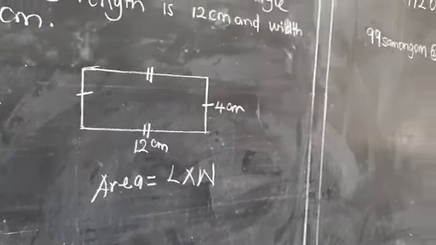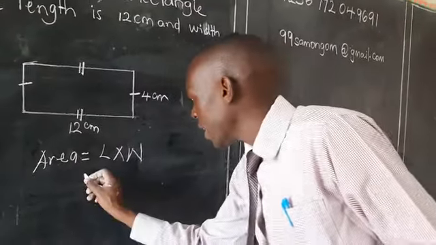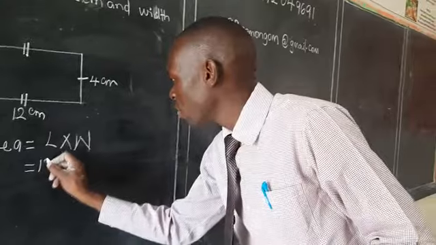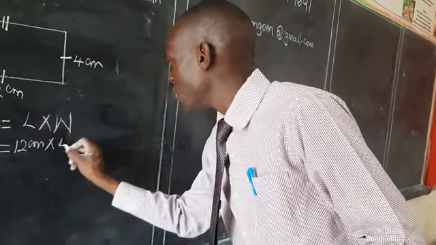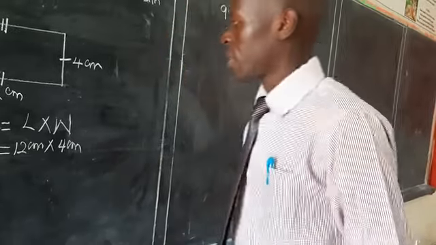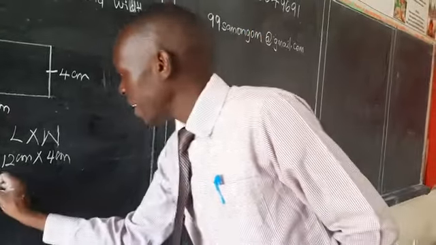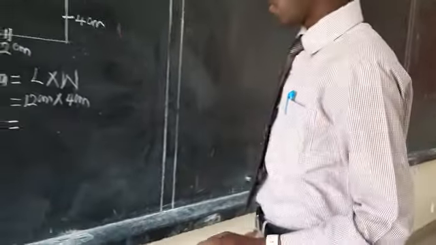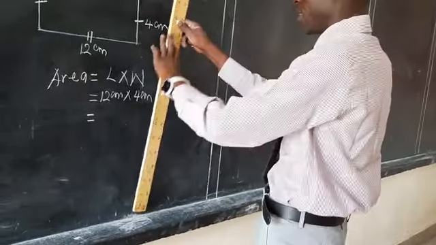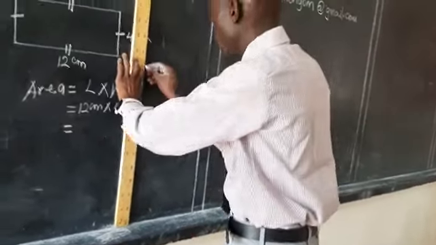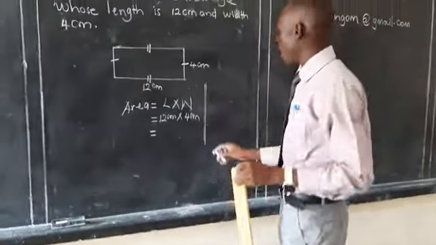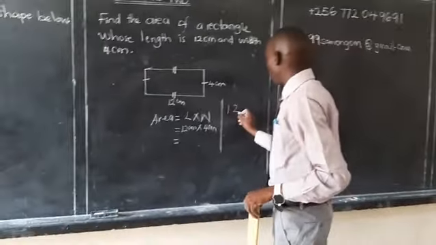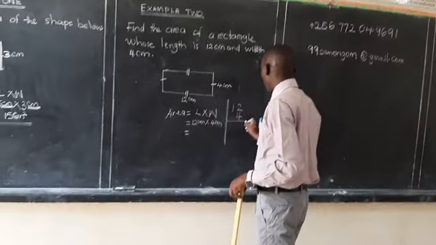Alright? So length times width: the length is 12 centimeters, then the width is 4 centimeters. Then what is 12 times 4? Somebody may fail to do it. Therefore, you can rule aside where you're working from and multiply 12 multiplied by 4.